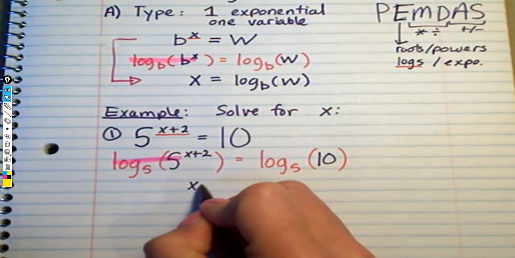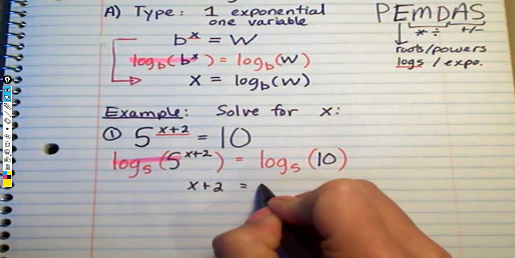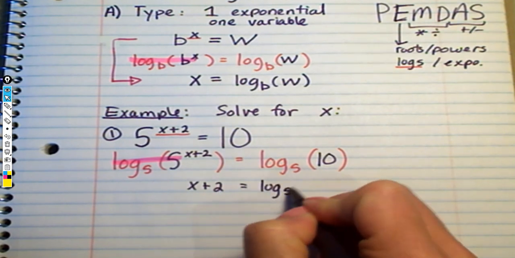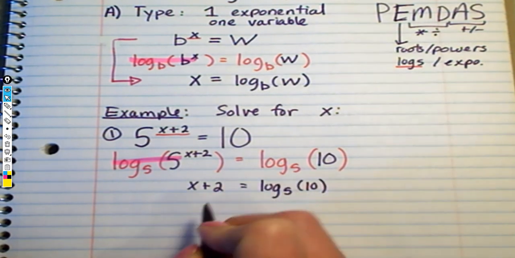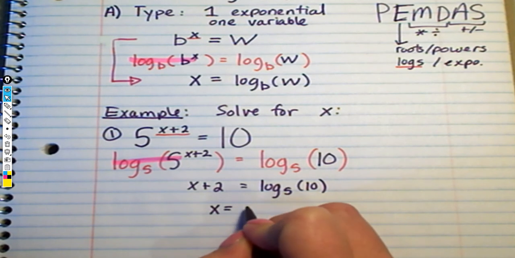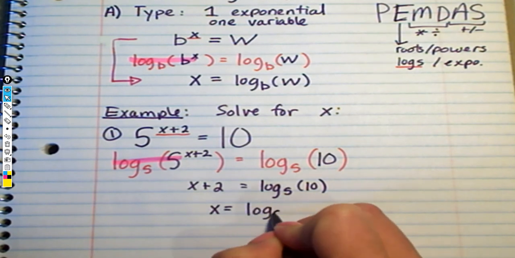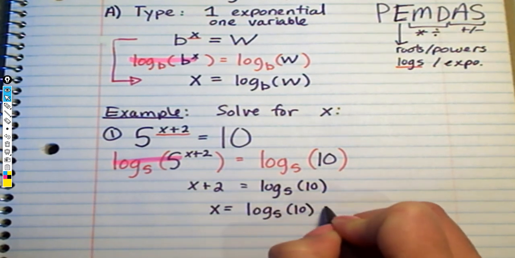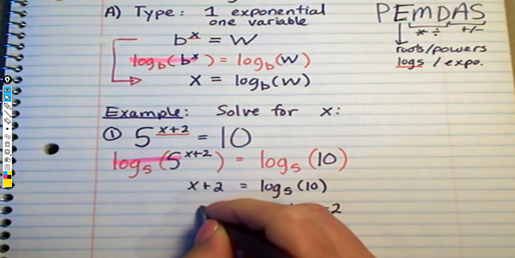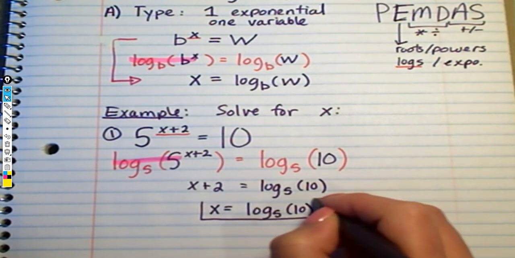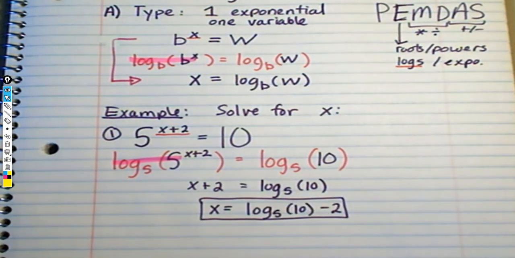We get x plus 2 on the left and log base 5 of 10 on the right. And then I continue to solve for x. And believe it or not, that is your answer. Did you get x by itself? Yes. Okay.